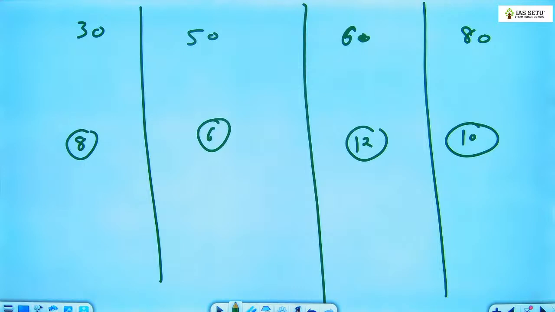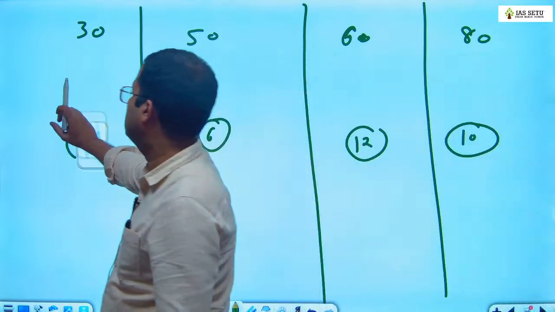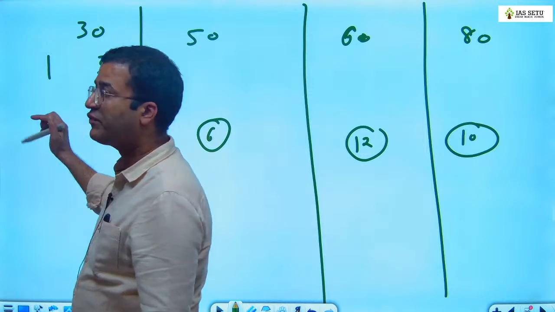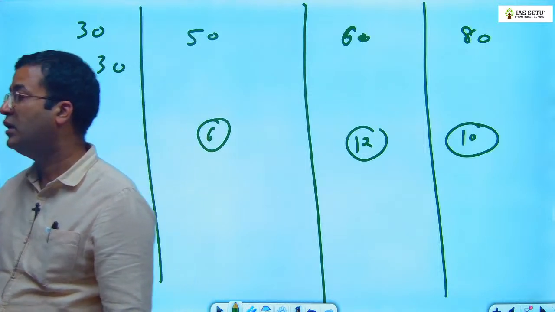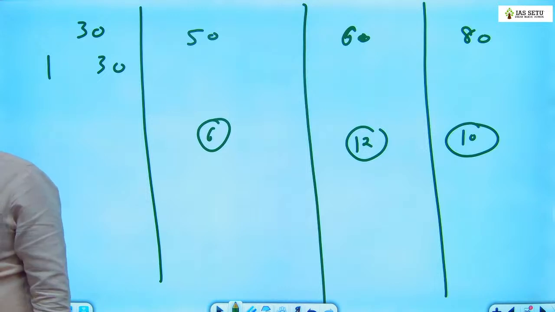I will explain factors again here. First, let me tell factors. 30: 1 and 30. What is a factor? Like 30 is divisible by 1, 30 is divisible by 30 only.